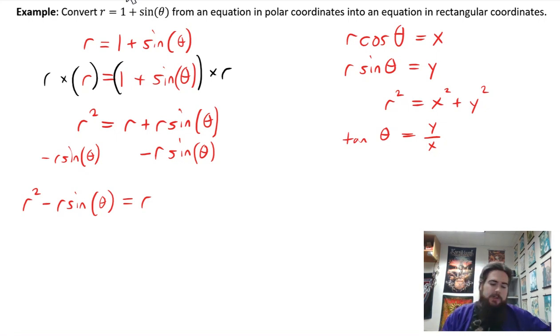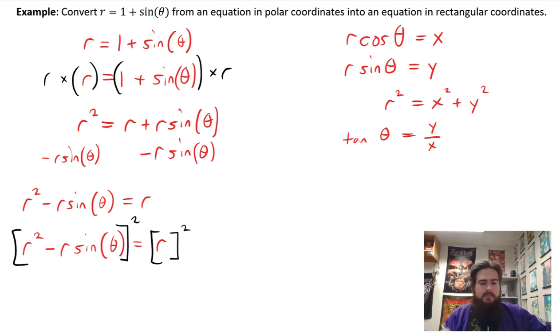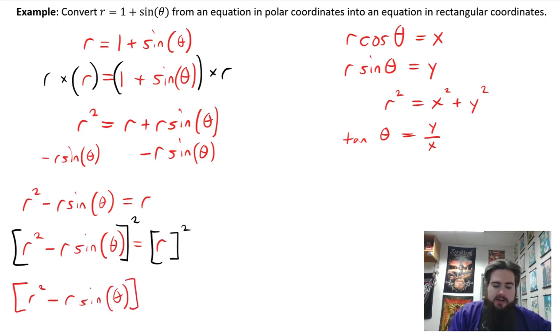Instead of multiplying by r, what I'm going to do is take both sides to the second power. I will refrain from foiling or factoring through that exponent on the left side, and I'll just keep that as r squared minus r sine of theta, all taken to the power of 2, is equal to r squared.